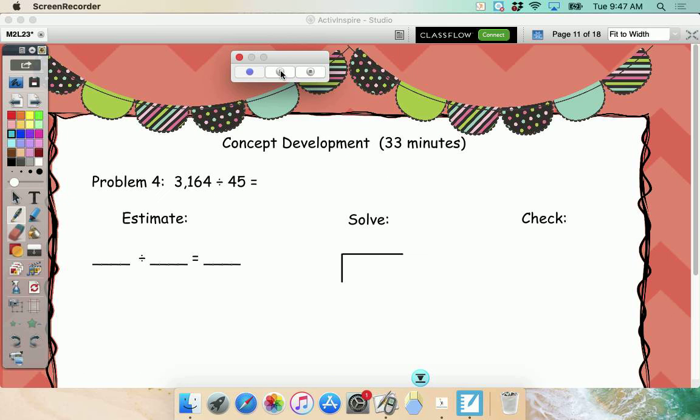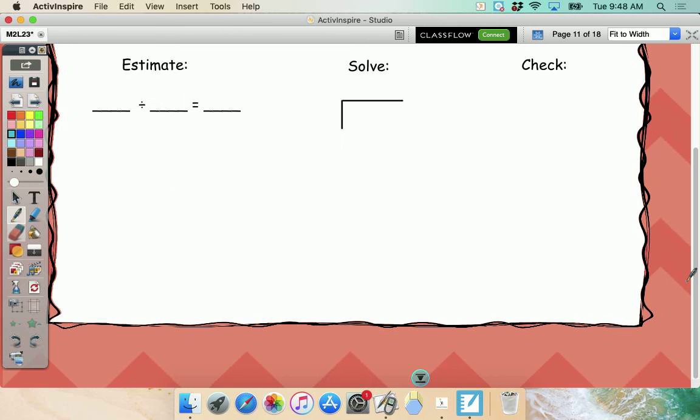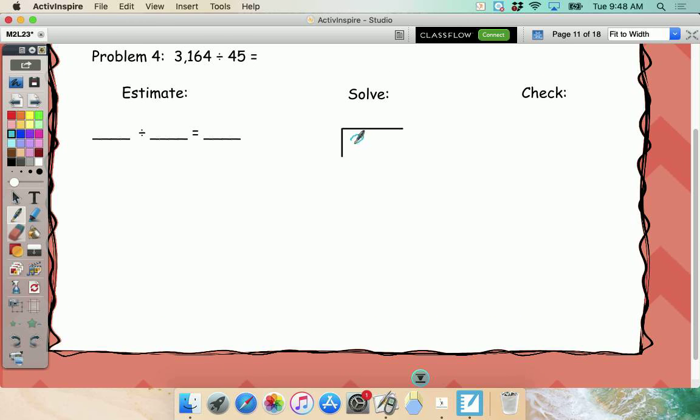So problem 4. 3,164 divided by 45. Okay, so the box. 316.